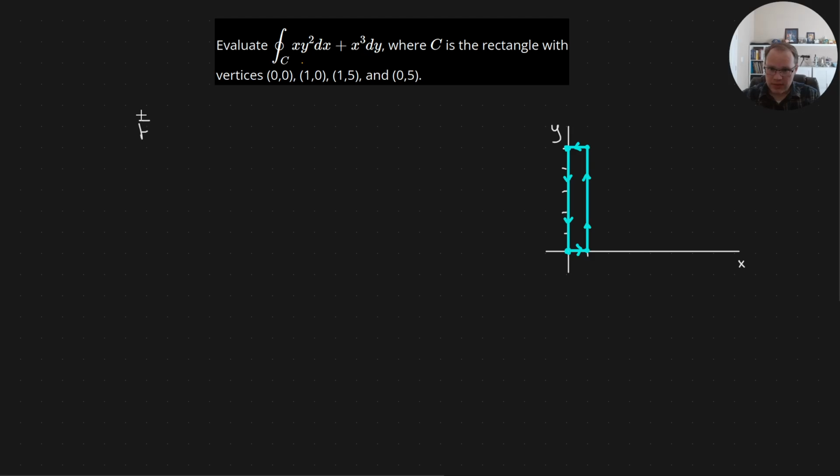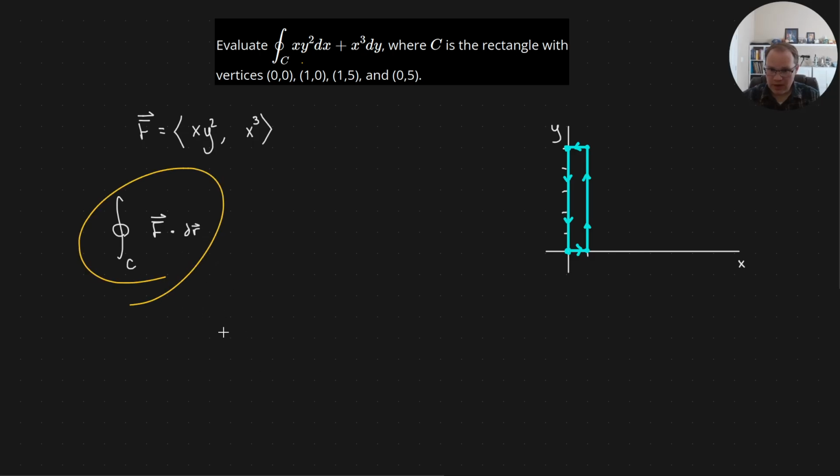Let's specify what our vector field is first, right? The first bit here, that's the x component of our vector field, xy squared. And x cubed, that's the second component of our vector field. So we want the integral over C of this function F. Okay, vector line integral. This is exactly the same as this.